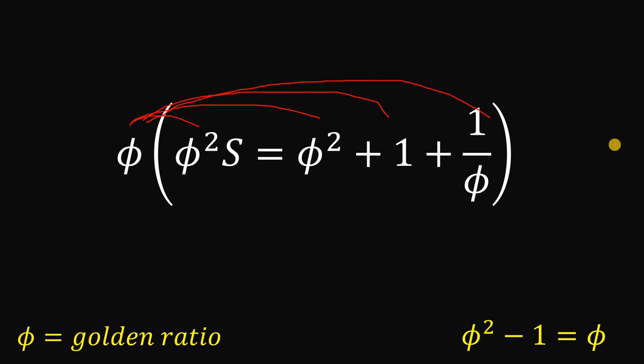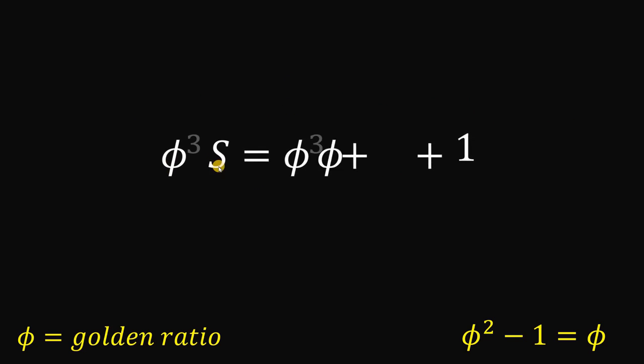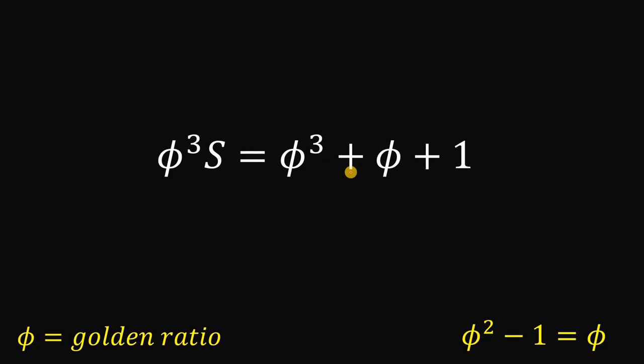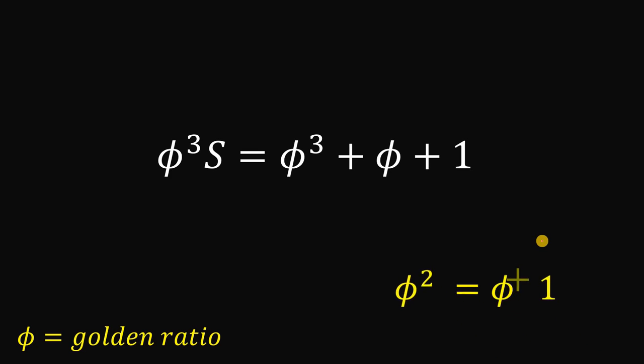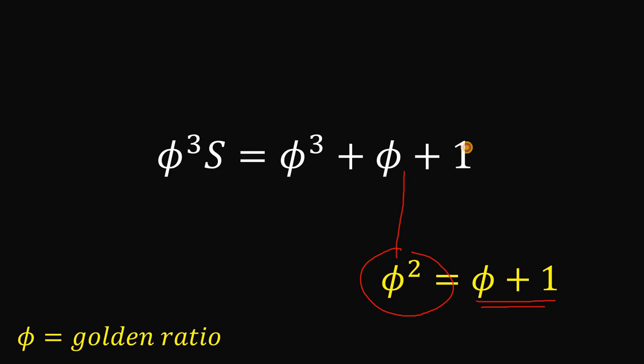This will give us phi cubed multiplied by s equals phi cubed plus phi plus 1. Now, what is the value of phi plus 1? Using this identity, if we add 1 on both sides, we get the same result as phi squared equals phi plus 1. So, phi plus 1 is simply equal to phi squared.